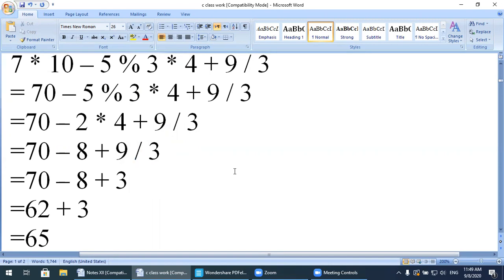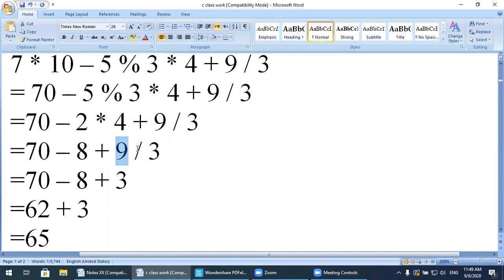In integer division, the slash operator always gives us the quotient value, not the remainder value. For the remainder, the percentage symbol is used, and for the quotient, the slash symbol is used. Keep in mind.